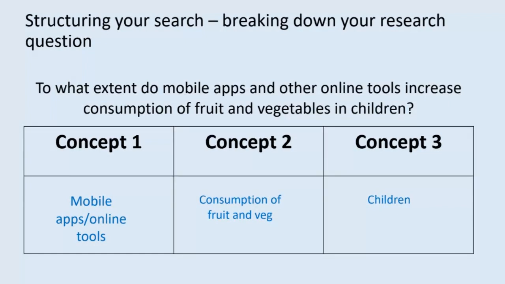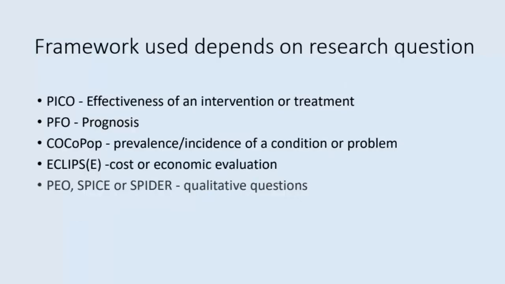Because as we know, in health and medicine, there are lots of different types of question. So I'm going to talk briefly through some of these, but I'll point you to some fuller advice about research question frameworks in a moment.